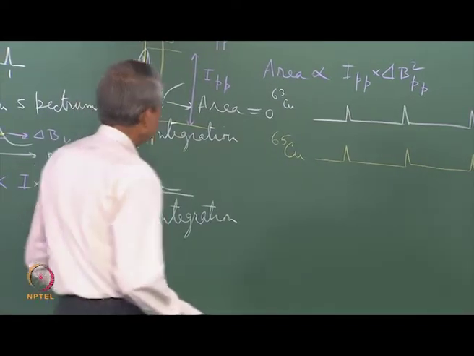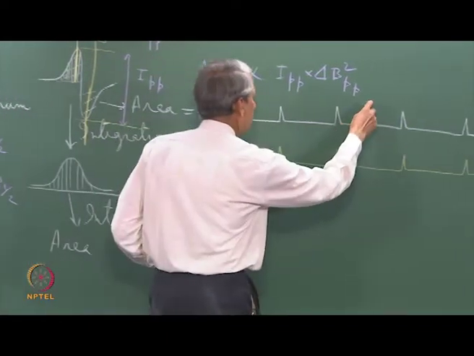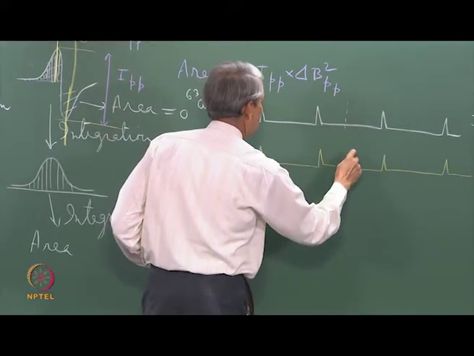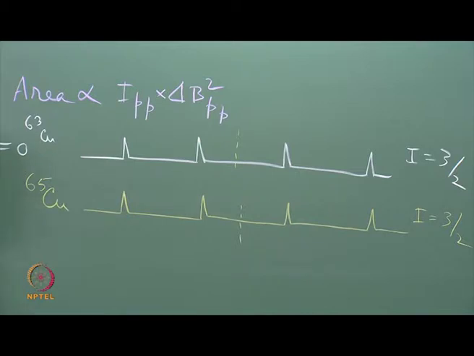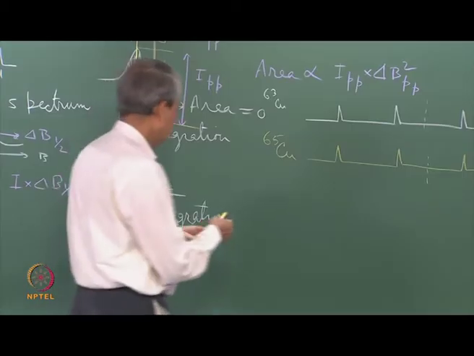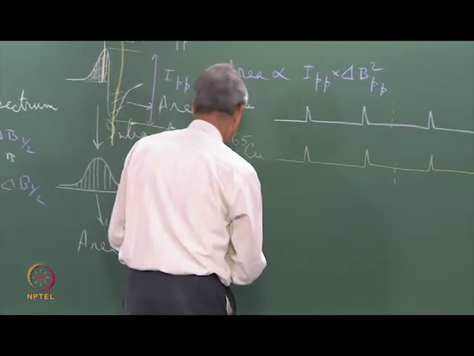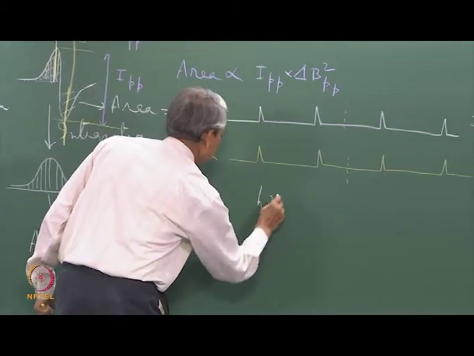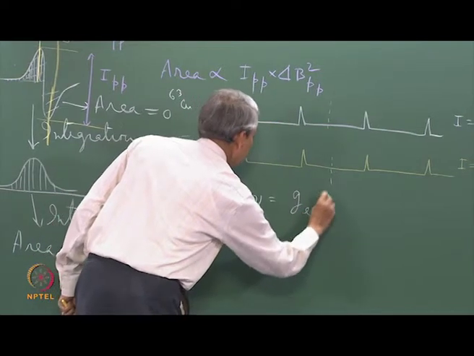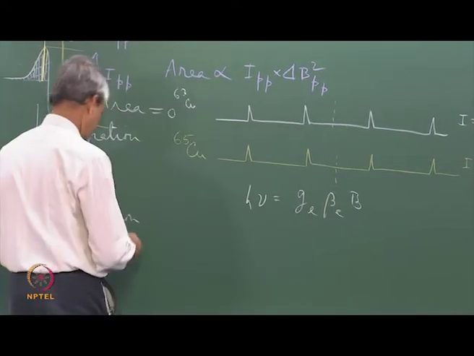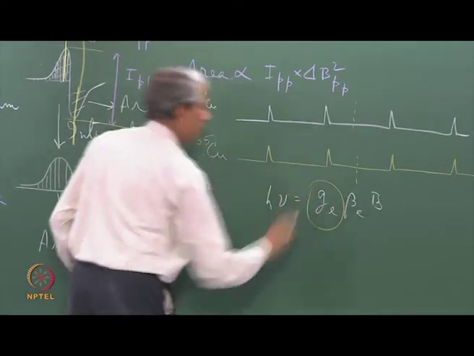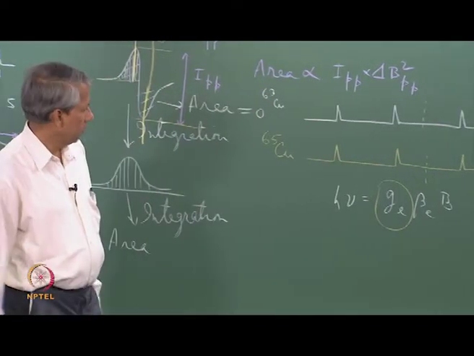Now, the center of the spectrum, which is here for this, will it be the same for these 2 species? What decides the center of the spectrum? That comes from this relationship, so this value, the G factor or G value of this one.